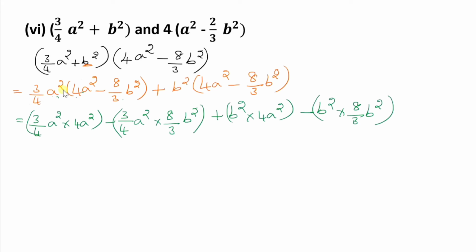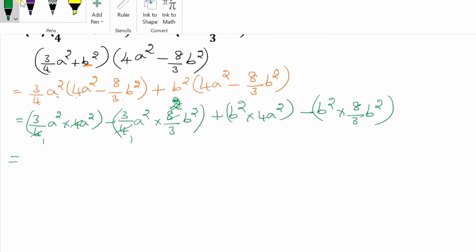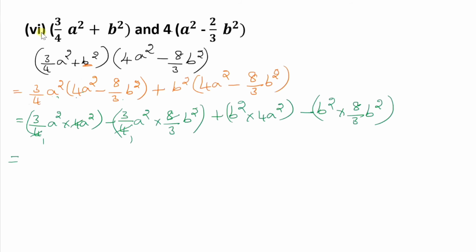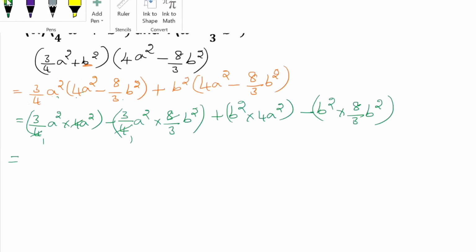If you can cancel any terms here, then you can cancel. Here you can cancel 4 with this 4. 4 twos are 8.